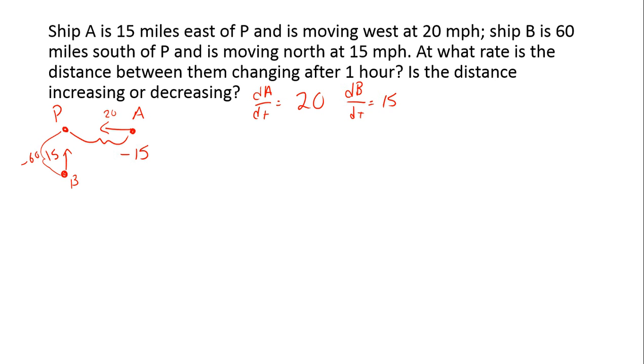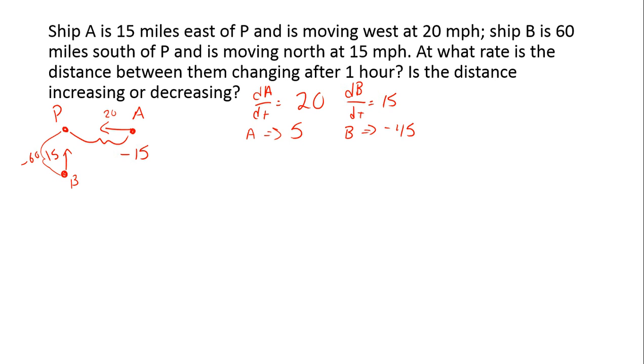So where is A located? A's location after an hour is actually at positive 5 because we've moved past P. And B's location would be at negative 45, or negative 60 plus 15. That's going to be the distance.